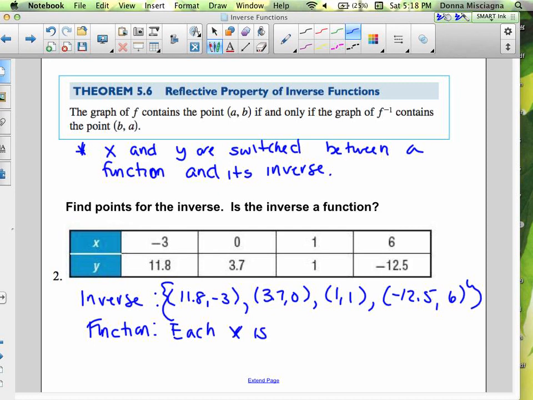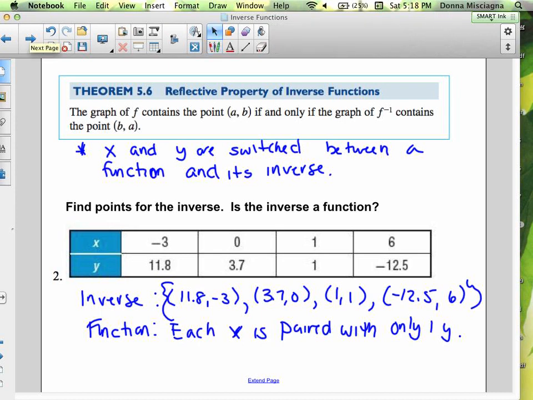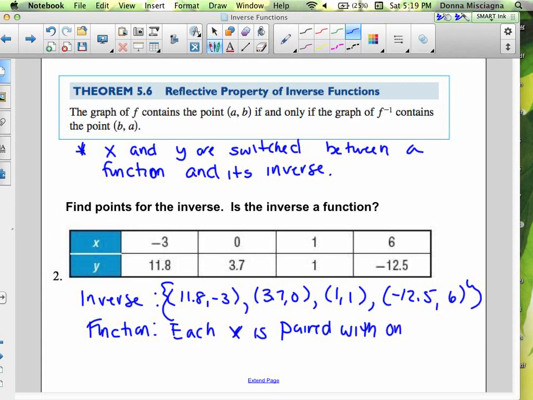It doesn't matter that x and y are the same in the (1, 1); each x is paired with only one y. Nobody's paired with two y's. One and only one. The phrase is usually one and only one y.